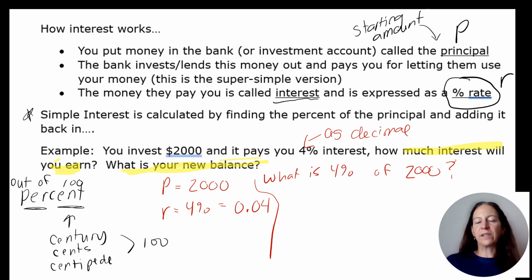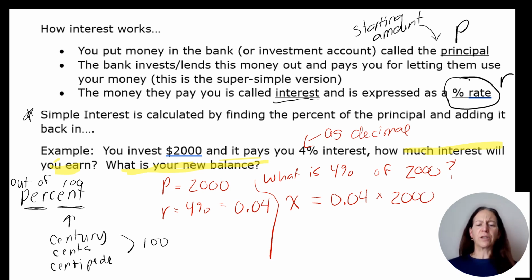So what is what we want to know? We'll call that X. Then the equal sign. Okay, so what is, and then 4% is 0.04, and the word of means times, and there's your 2,000. So if you want to pause the video and write that down, that's a useful thing to know how to do.